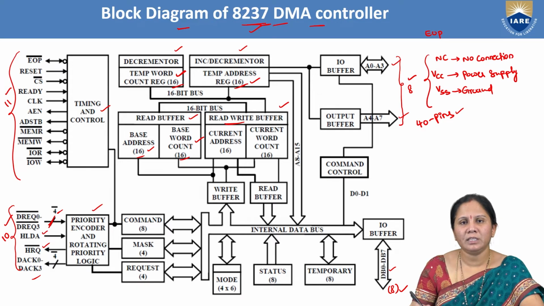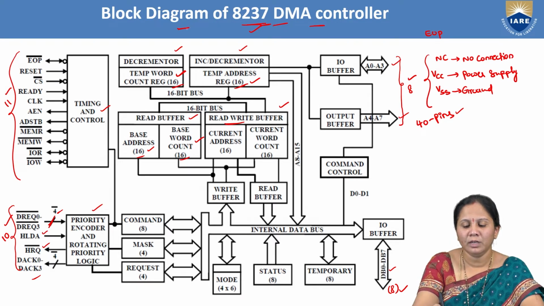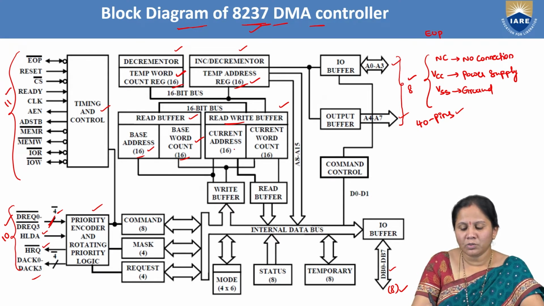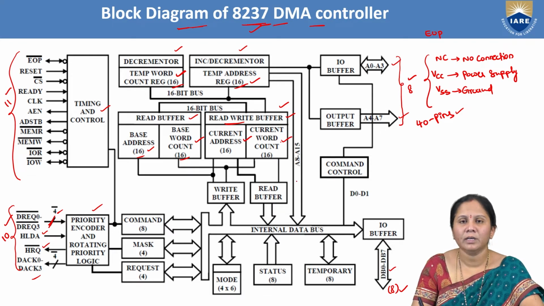All these three play the major role in the block diagram of the 8237 DMA controller. In this read-write buffer, we have the current address and current word count registers. These are also internal registers that are available. Each register is 16-bit in size.